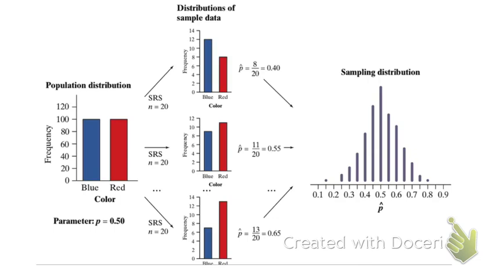That is the population. This is a population of marbles, and half of them are red and half of them are blue. Now look, this is cheating because this graph tells you how many blues there are and how many reds there are. There's 100 of each. So what proportion of them are red?